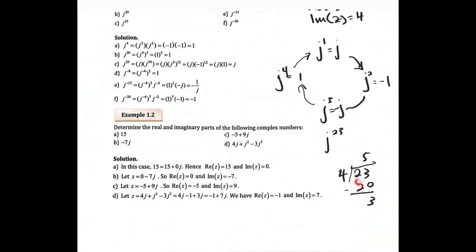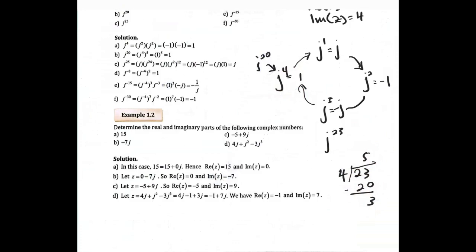Up until the 20th, up until the 5th cycle, we are getting j equal to 1. So actually we can say that j^20 is 1 at this point.